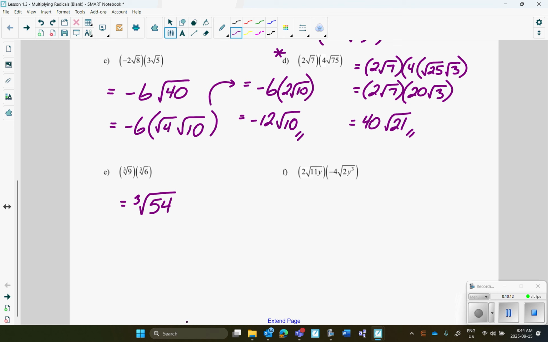Can I break this down? Remember, perfect cubes now, not perfect squares. 27 and 2. And the cube root of 27 is 3. And beside that, we put 3 cube root 2.